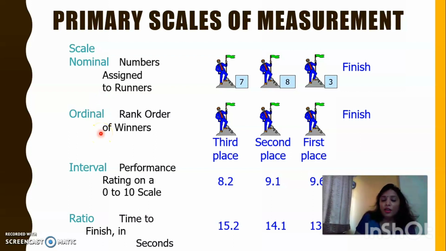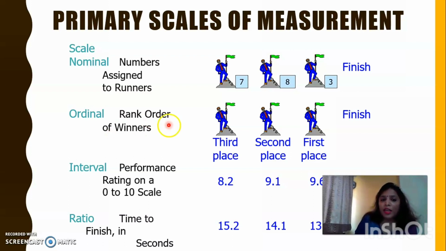Secondly, ordinal. Ordinal is connected with the order. The example which is given to you is of a race. In the first, nominal scale, numbers are assigned to various participants. In the second, the racers are arranged in order as per their position. So first position, second position, third position. So ordinal means which is associated with a particular order.